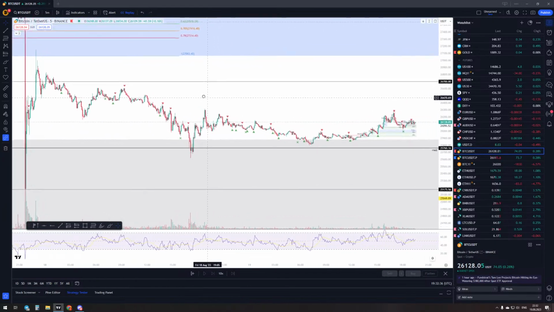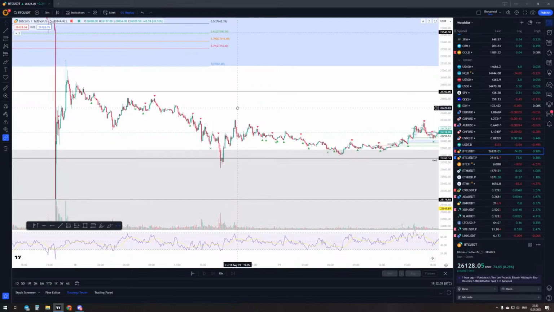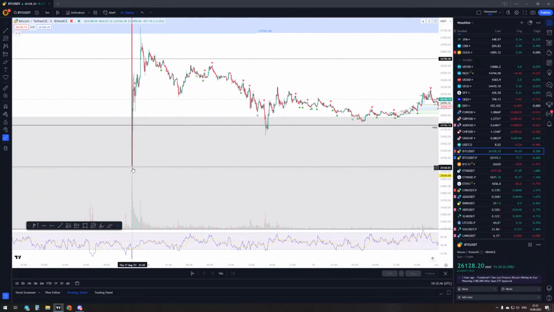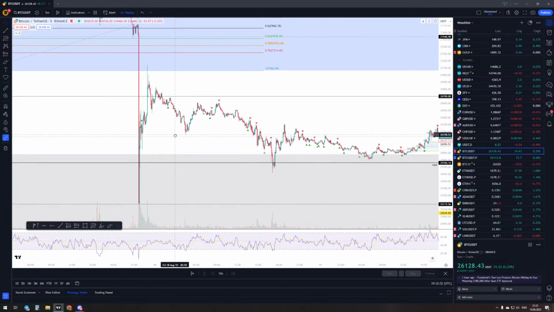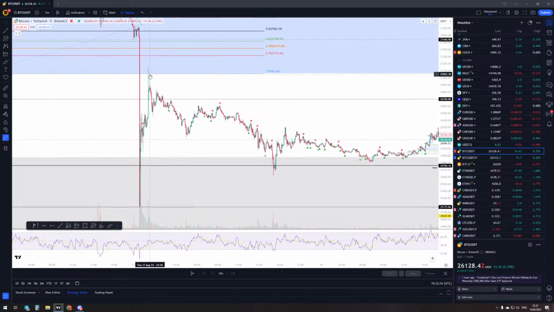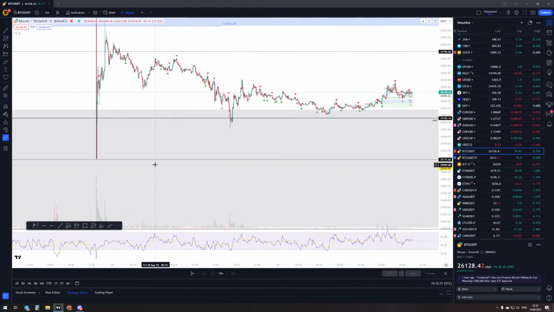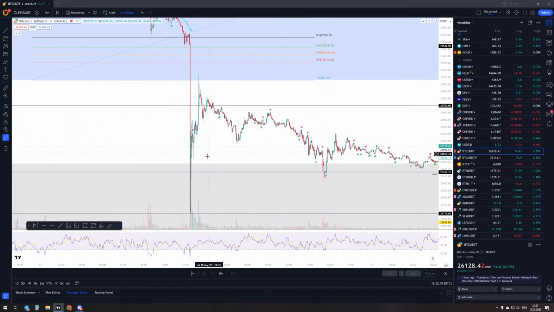It's hard to identify structure here. At least I can see this. This is our low obviously. Then we had a lower high, but we didn't have a lower low. We might have had a break of market structure on low time frames, like 1 minute, 3 minutes.